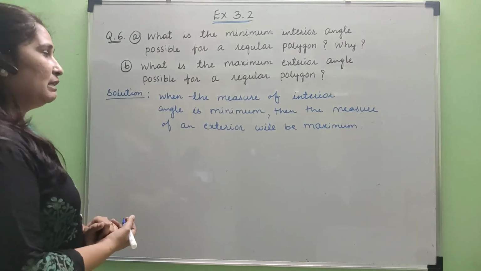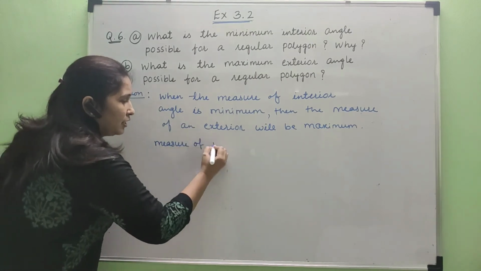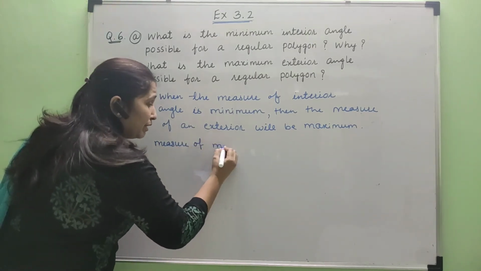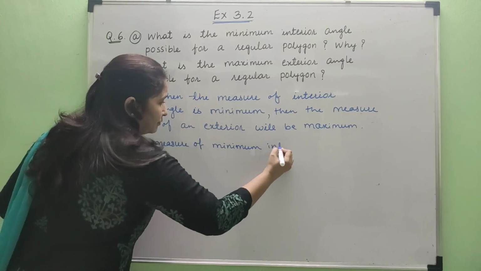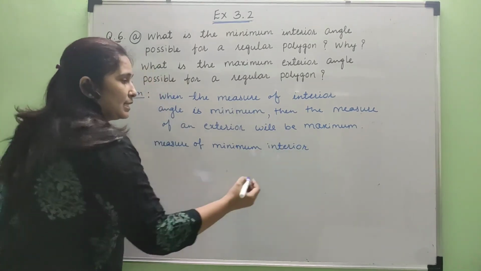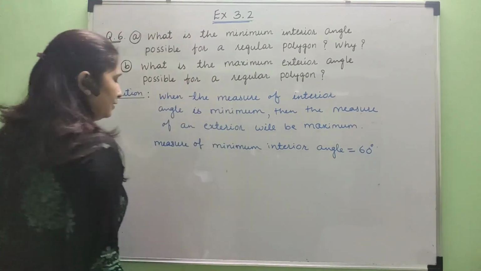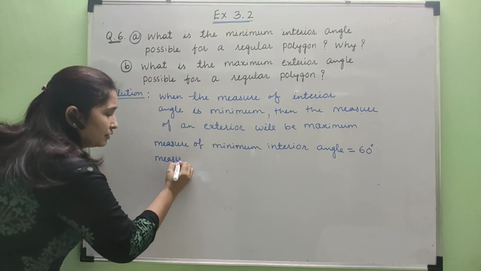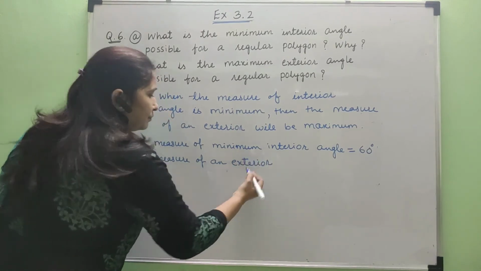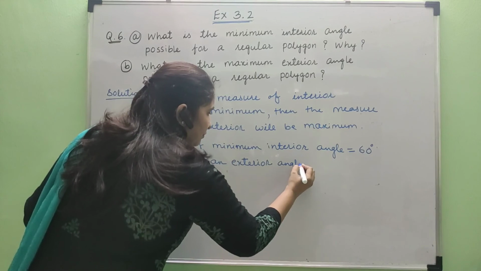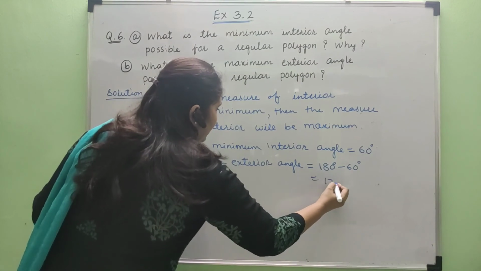So the minimum interior angle is 60 degrees. So the measure of the minimum interior angle is equal to 60 degrees. Then the measure of an exterior angle is equal to 180 minus 60. So we will get 120.